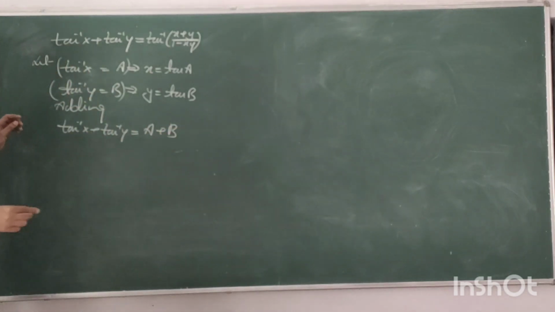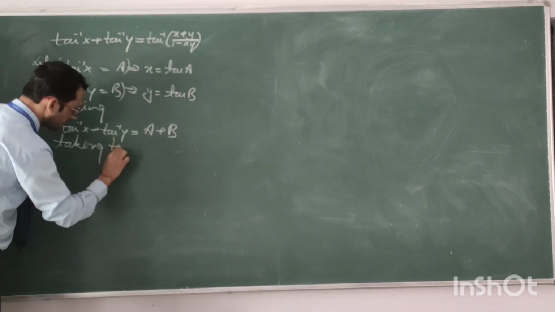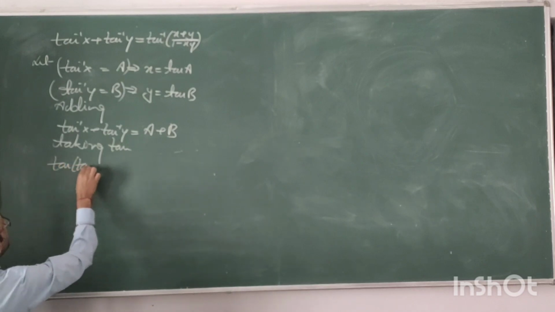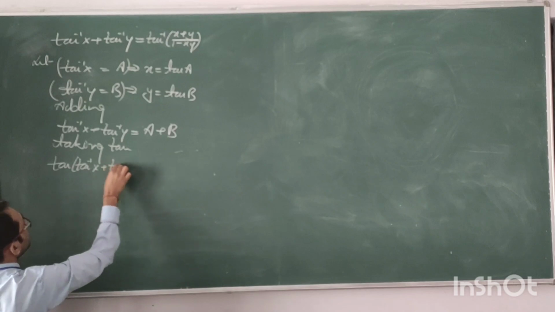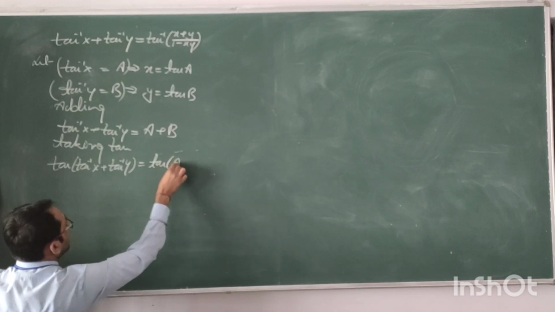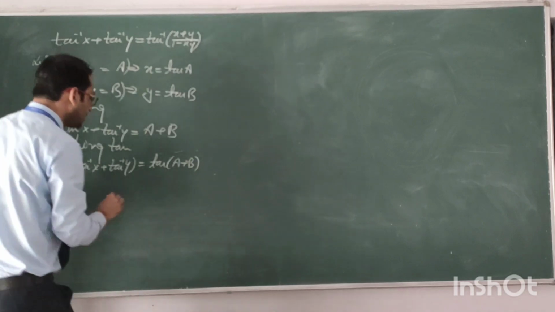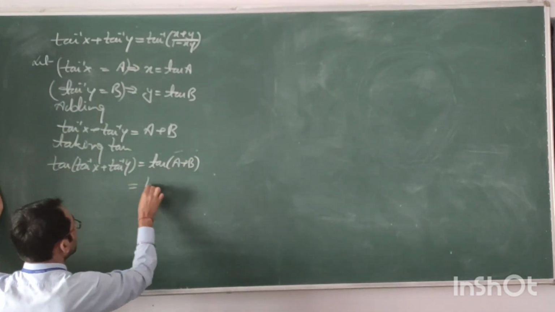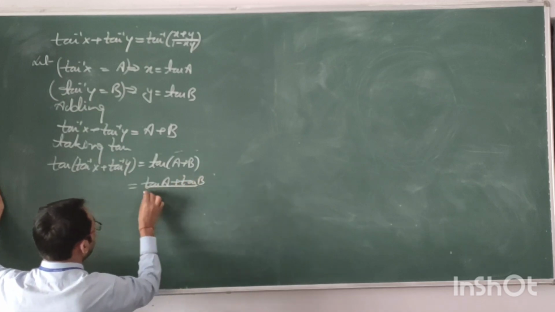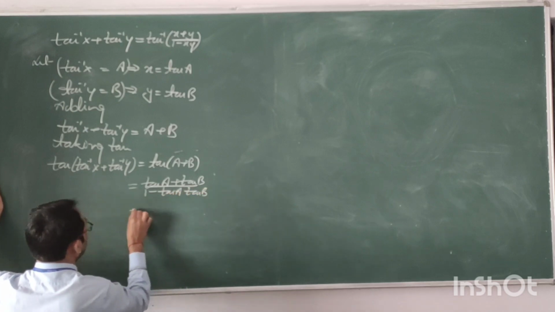Taking tan on both the sides, it will become tan of (tan inverse x plus tan inverse y) equals tan of (a plus b). And as per class 11, tan of (a plus b) is tan a plus tan b upon 1 minus tan a tan b.